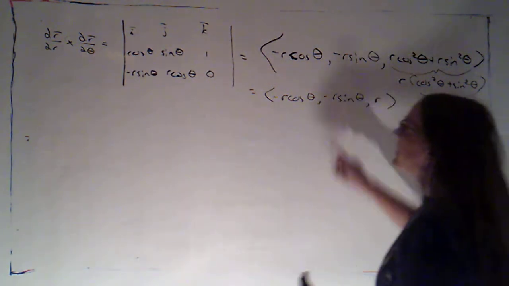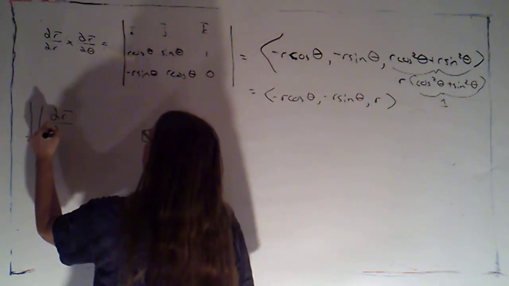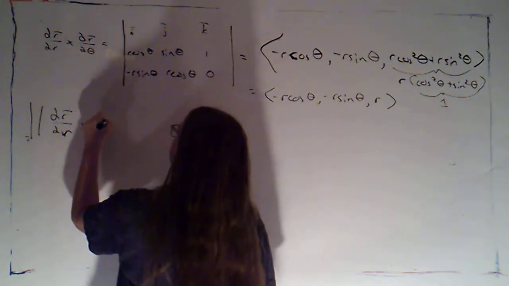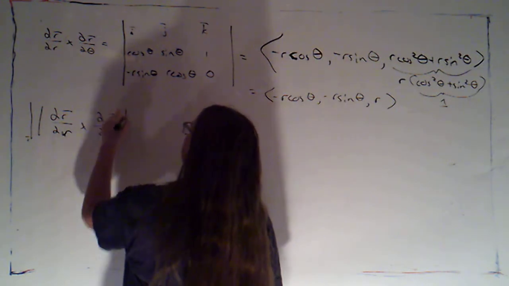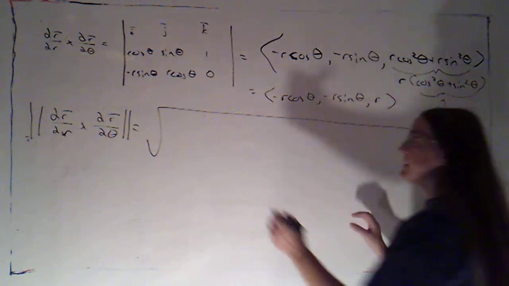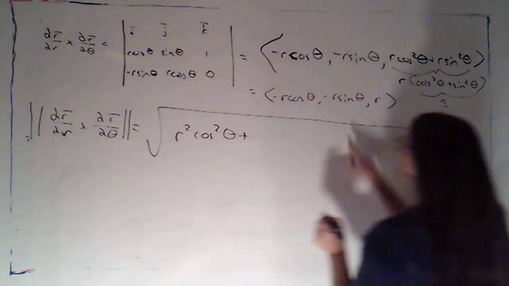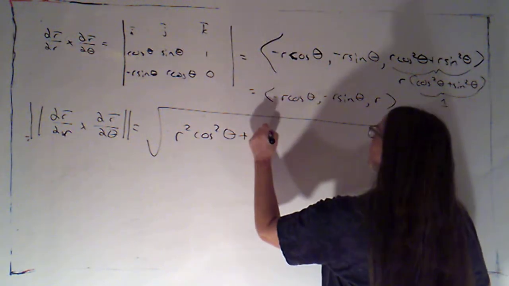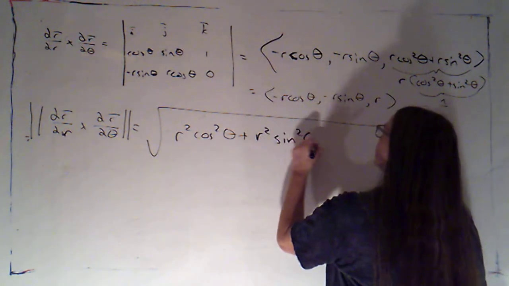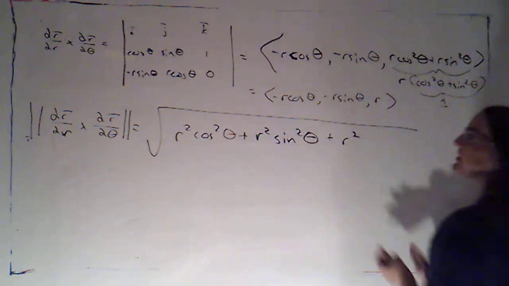Okay, so if I calculate the magnitude of this, del r crossed with del r del theta, that's going to be the square root of this squared, which will be r squared cosine squared theta, plus this squared, which will be r squared sine squared theta, plus this squared, which will be r squared.